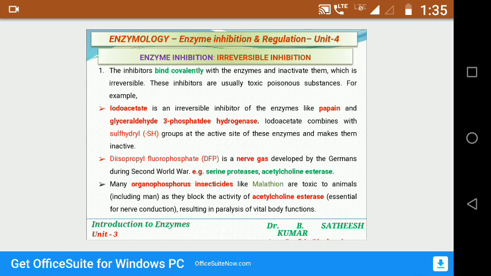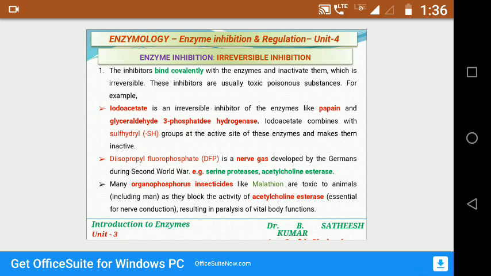These two enzymes have a sulfhydryl group in their active site because they have a cysteine residue there. So this is very important for the catalytic activity.